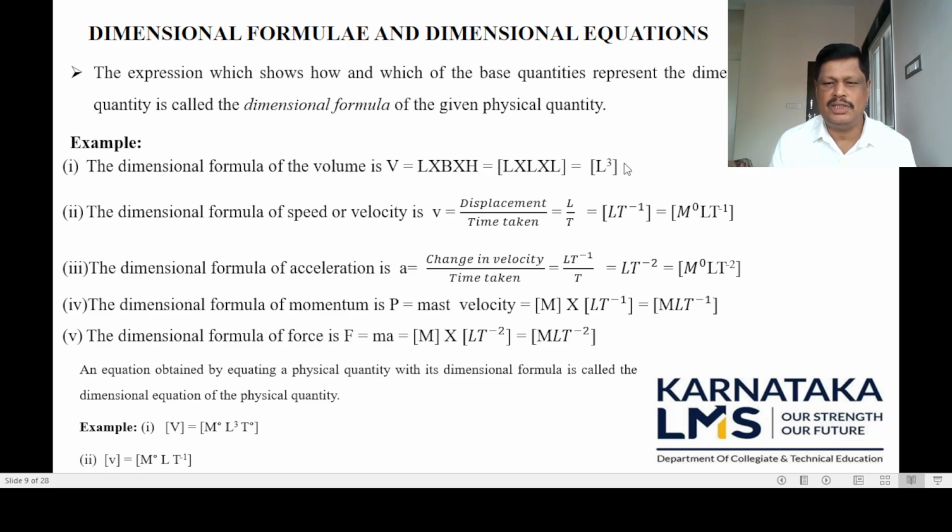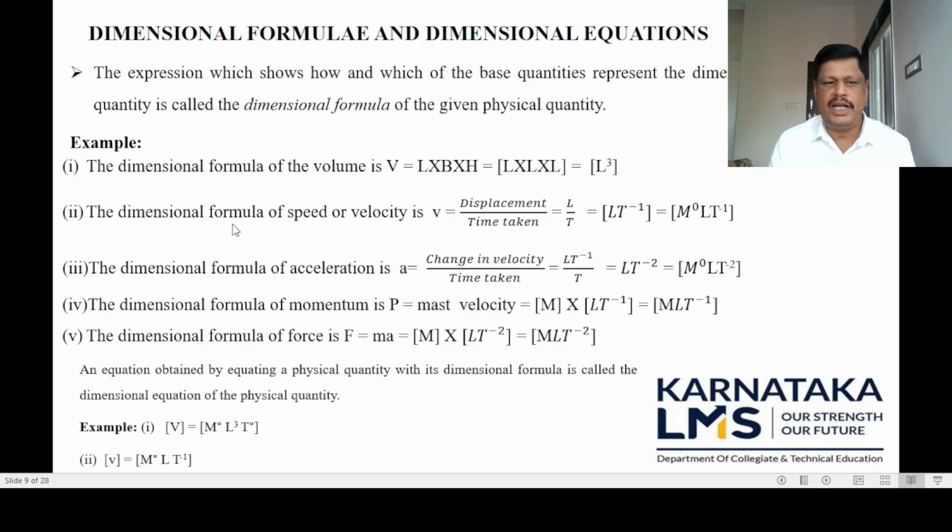So L cube is the dimensional formula for volume. Volume is a physical quantity and L cube is the dimensional formula. A physical quantity equated with the dimensional formula is called a dimensional equation. That is, V is equal to L cube is the dimensional equation.